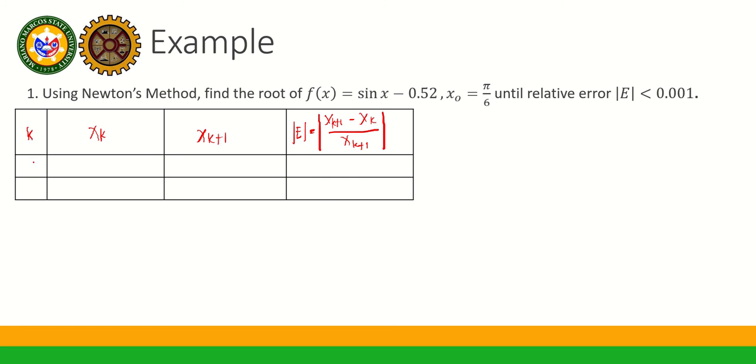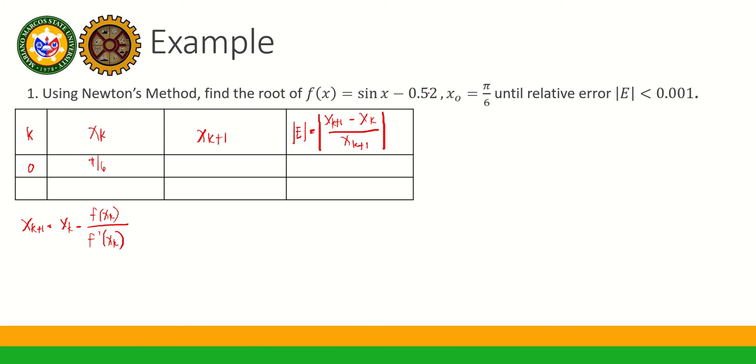Now, for k is equal to 0, we have x sub 0 here. X sub 0 natin is pi over 6. And our x sub k plus 1, so formula natin for x sub k plus 1 is equal to x sub k minus f of x sub k all over f prime of x sub k. So, ano yung f of x natin?